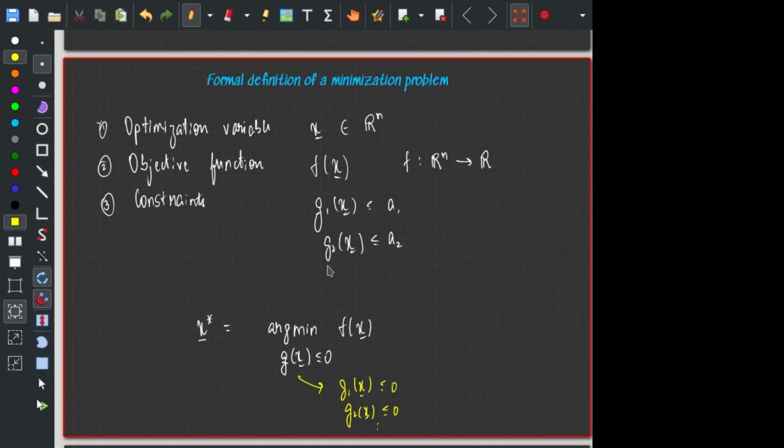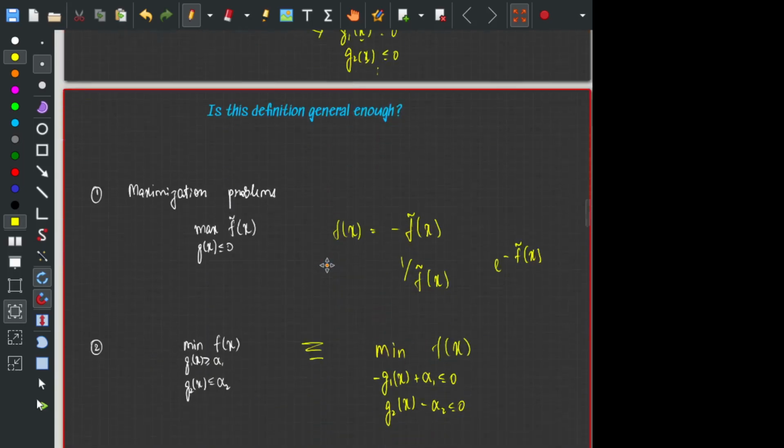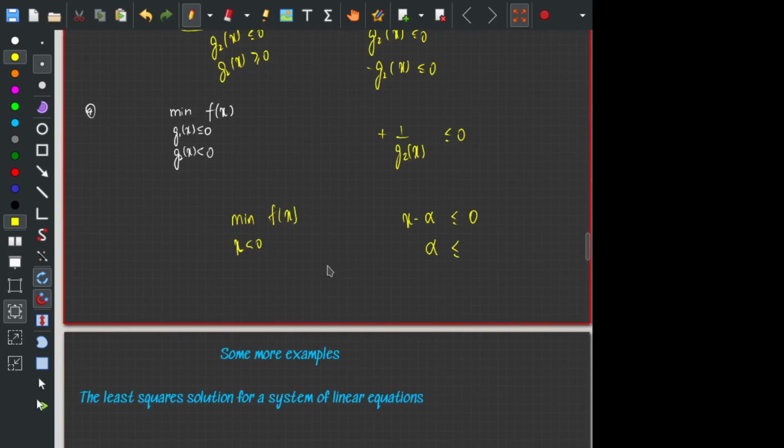It's a subtle point, but this essentially defines a closed set, whereas the constraint that x is strictly less than 0 gives you an open set. In this course we'll formally define what an open set is and what a closed set is.